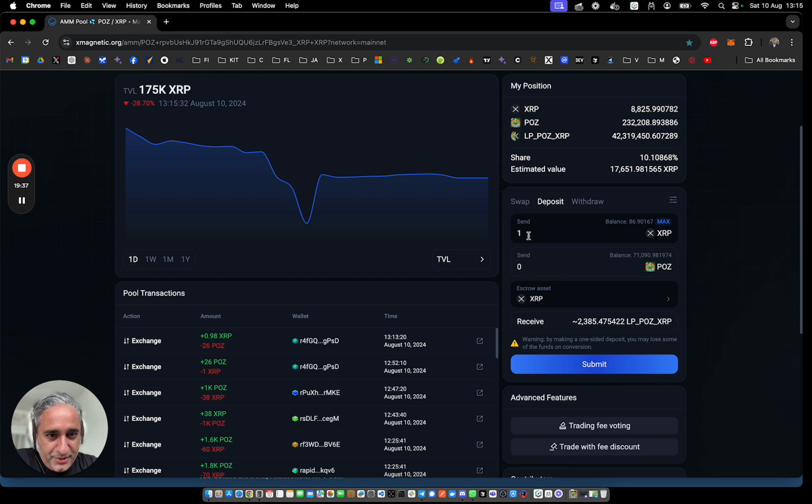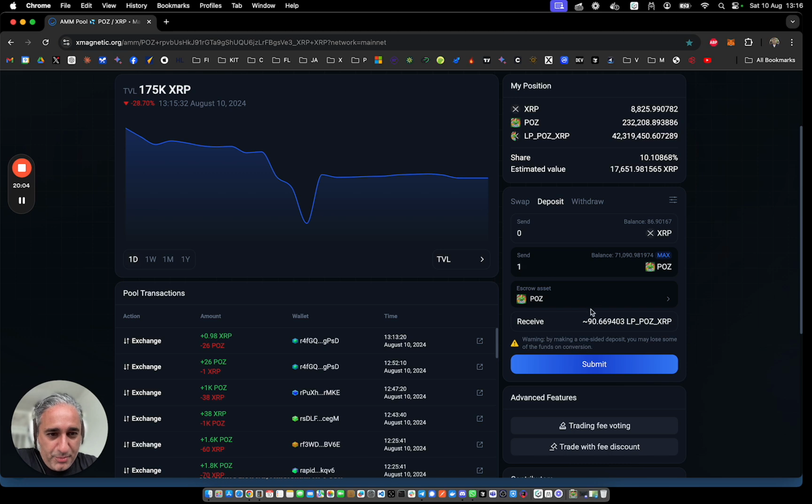By doing a single-sided deposit, you're essentially supporting the price of POS, because you're adding more XRP into the pool than POS, and that affects the exchange rate. That's what affects the exchange rate that's presented in terms of the POS XRP rate.